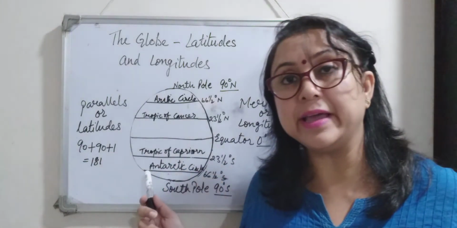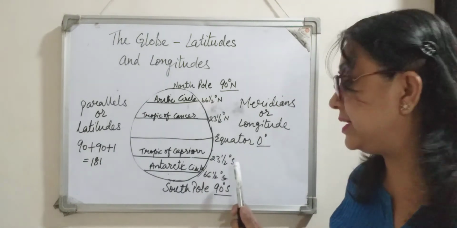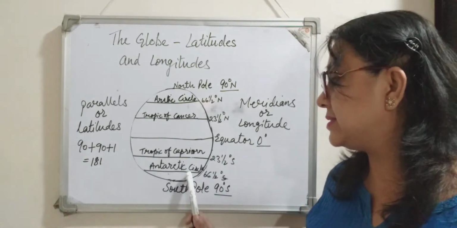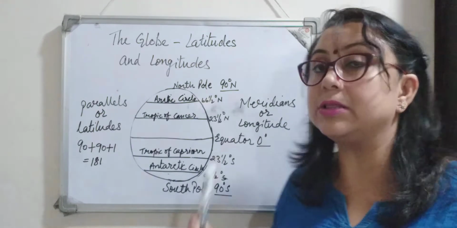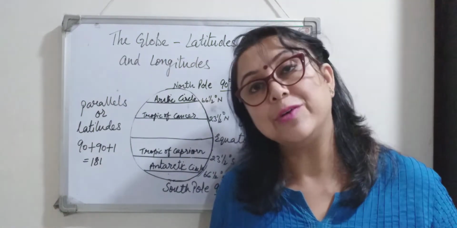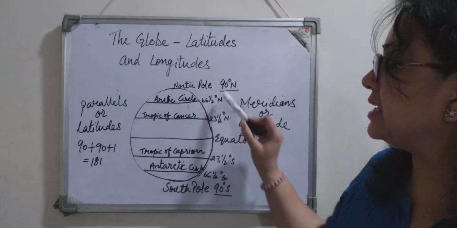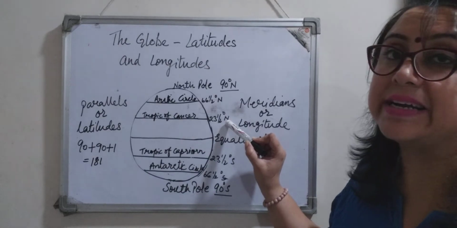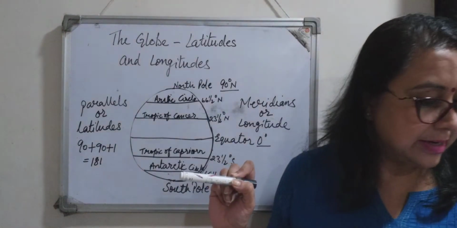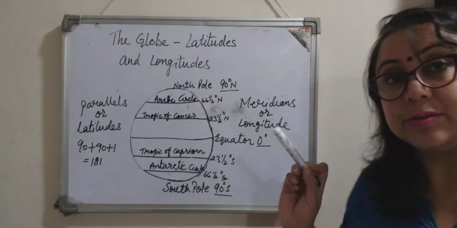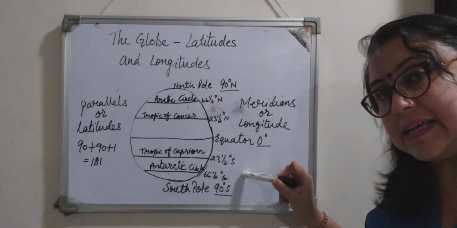Similarly, in the southern hemisphere, Tropic of Capricorn lies at 23.5 degree south, and Antarctic Circle lies at 66.5 degree south. So these are all the important lines of latitude, right? And we can see the measurement as well. All the lines in the northern hemisphere, they are marked as N, that is north, and the lines in the southern hemisphere, they are marked as S, which means southern hemisphere. So northern hemisphere and southern hemisphere.